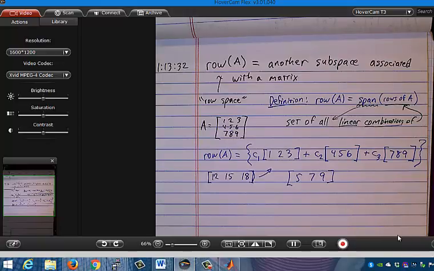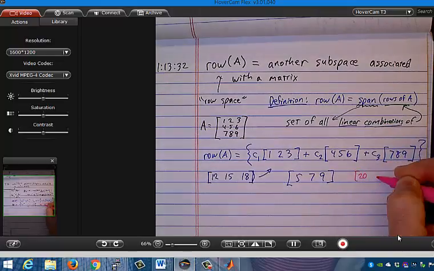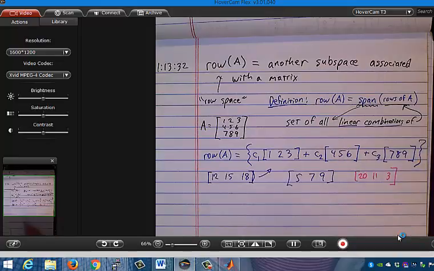I don't know. Give me a vector. We'll decide if it's in the row space. 20, 11, 3. Did you just kind of make up some numbers? Yeah. What do you guys think?